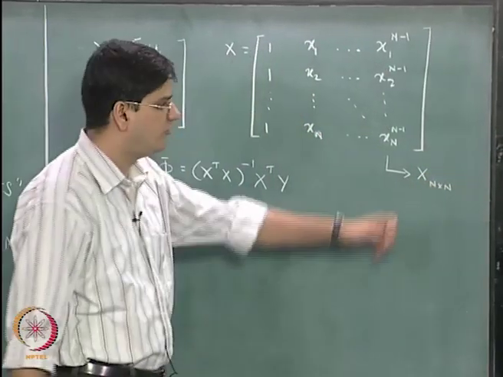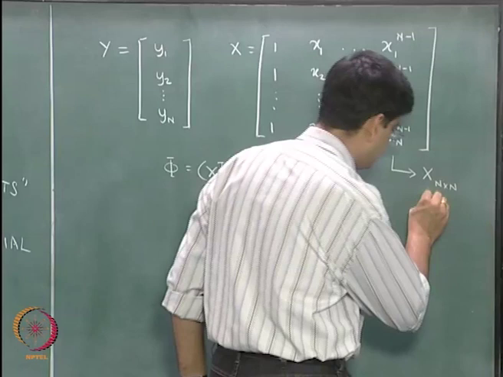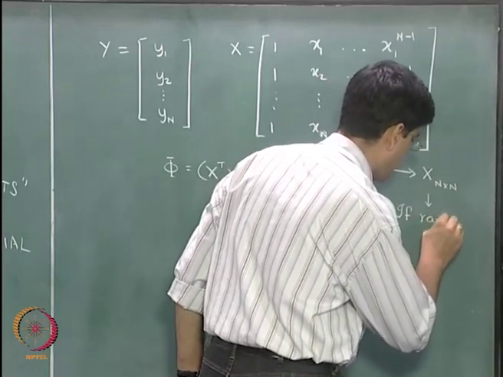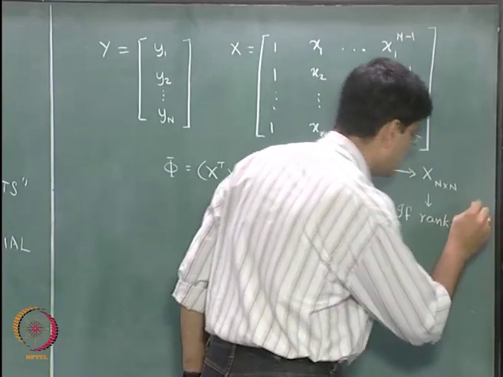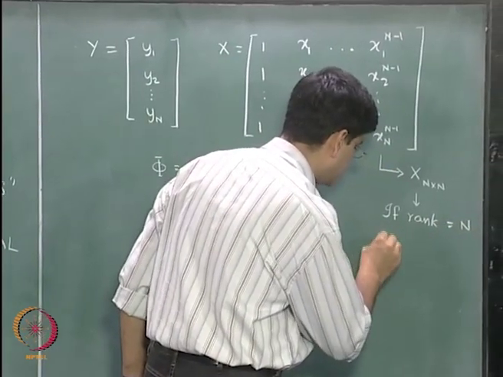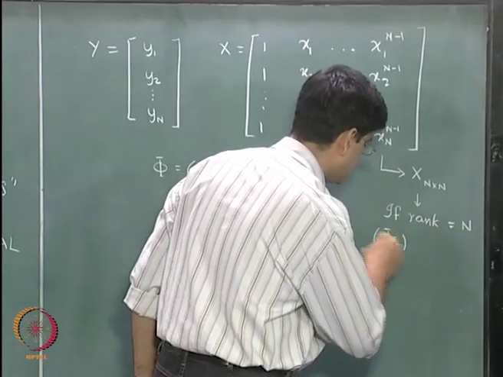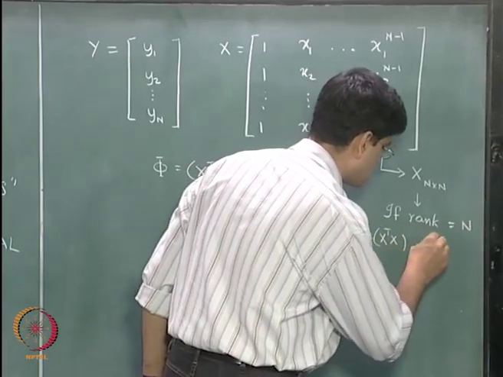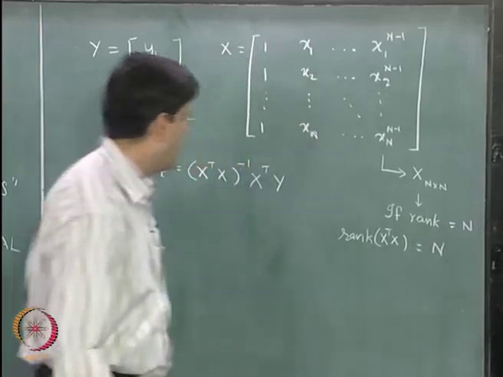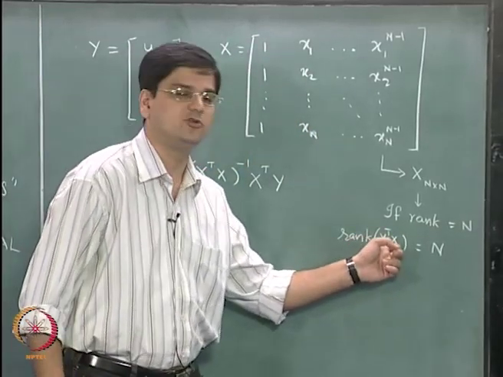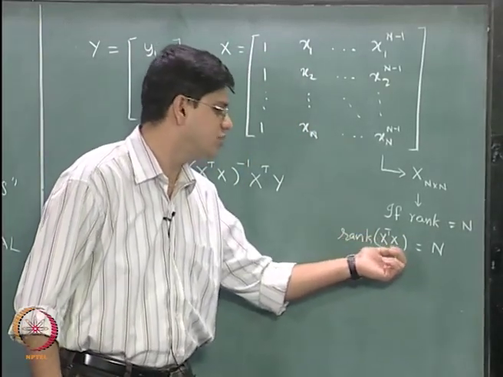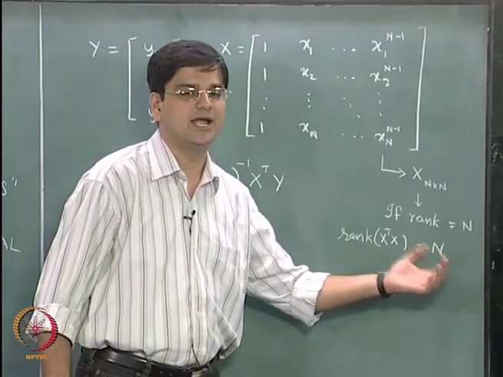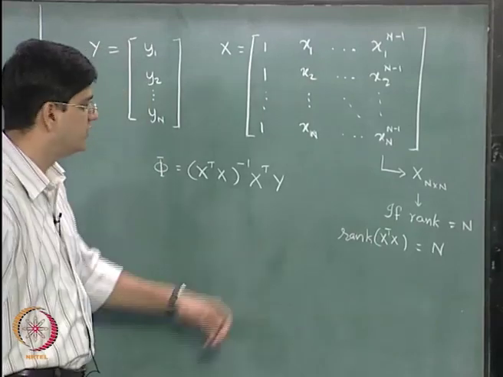If the rank of the matrix X is n, then the rank of X transpose X is also equal to n, and we need the rank of X transpose X to be equal to n so that X transpose X is going to be invertible.